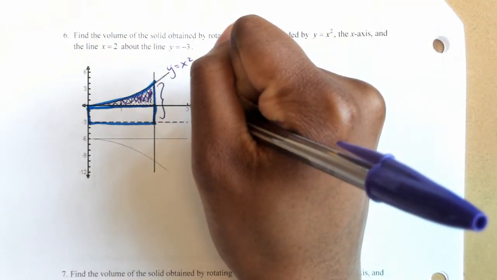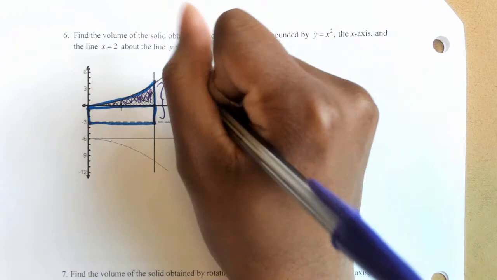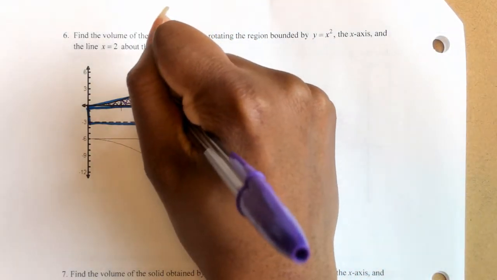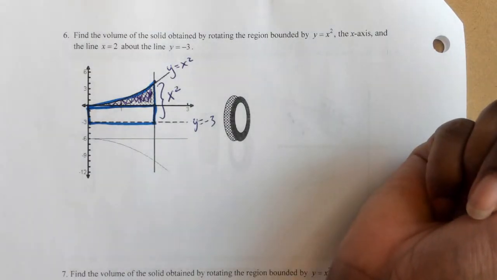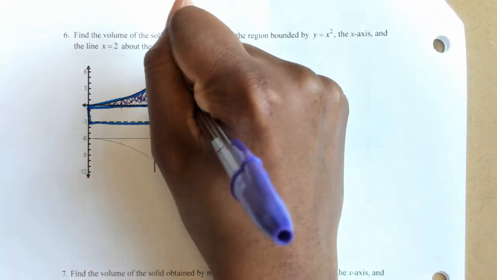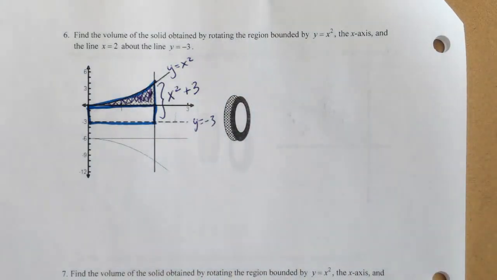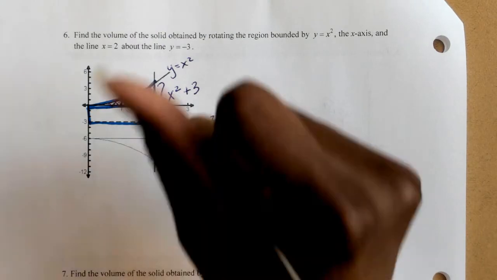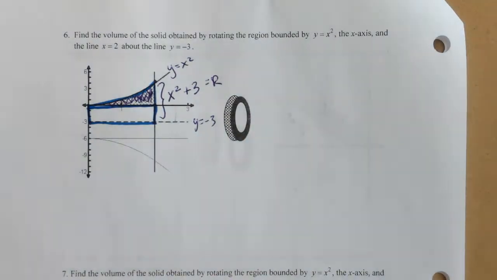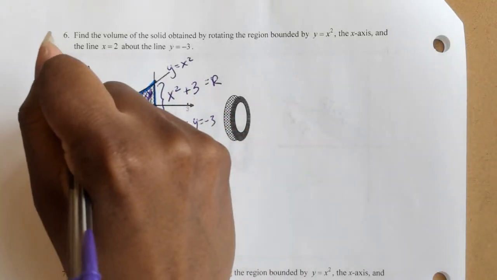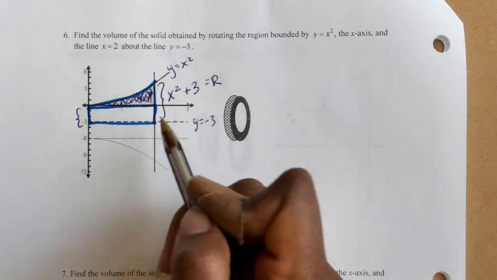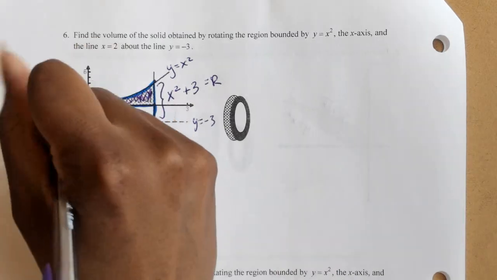So the big R is the whole space from x squared plus this little space of 3. Right, that's going to be our big R. Alright, our little r is just that little open space of 3.